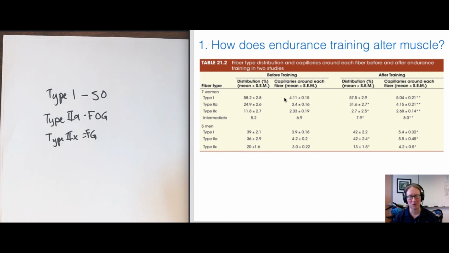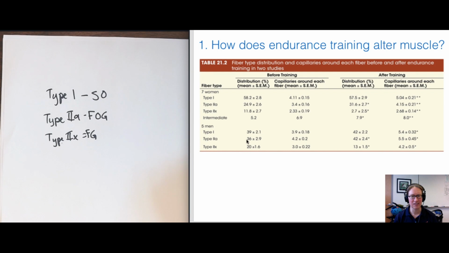And we won't dwell too heavily on capillary densities, but you will notice they do vary, as I indicated. So type 1 and type 2A tend to have higher capillary densities than our type 2X fibers do. Okay, so now after training, the biggest change that takes place is actually a shift away from type 2X fibers to type 2A fibers, okay?